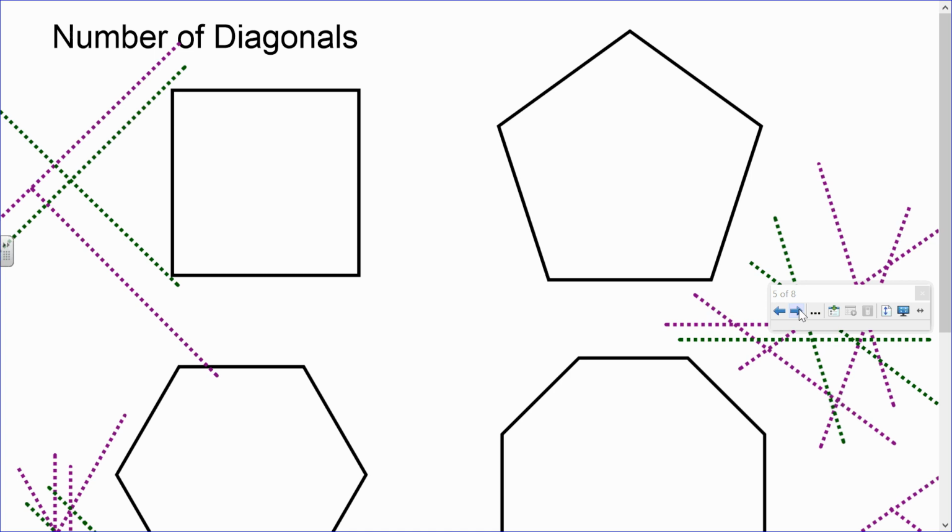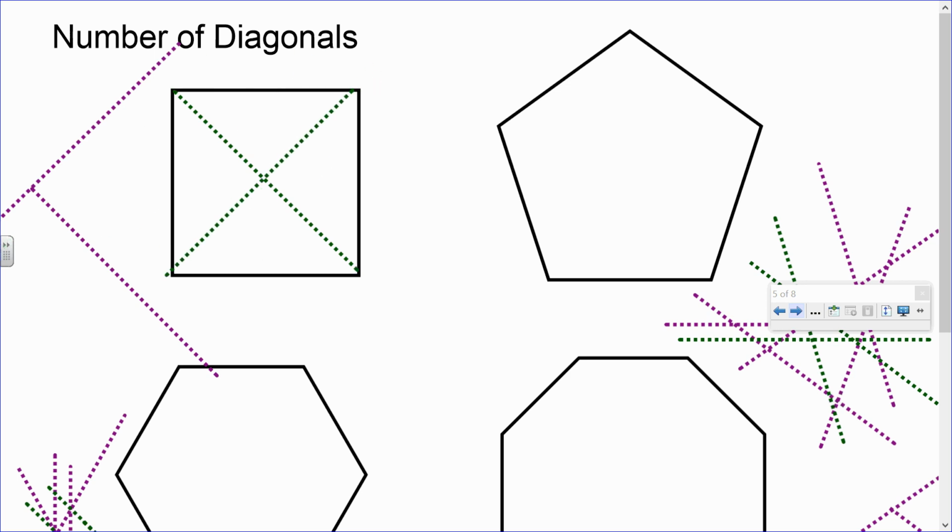So with the quadrilateral, I'm going to pick my first vertex. I can't draw to the adjacent ones, and I can't draw to itself. I can only, in this case, draw to one like that. So for one vertex, for a quadrilateral, there's only one diagonal. Now I'm going to go to the next vertex, so I will move to the top right, and I can draw this diagonal.